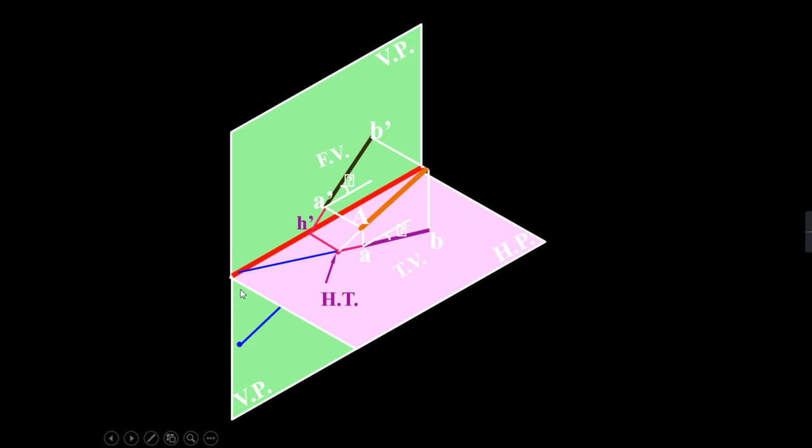I will name this point as V. Then I will draw a perpendicular line, that is nothing but the projector. Then I will extend the front view up to the projector. So wherever the projector and this extension of A dash B dash meet at some point, that point is nothing but the vertical trace.